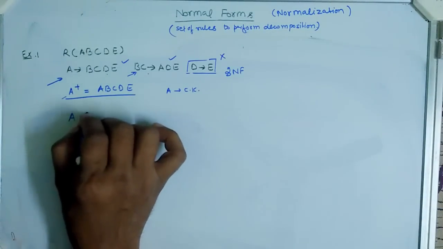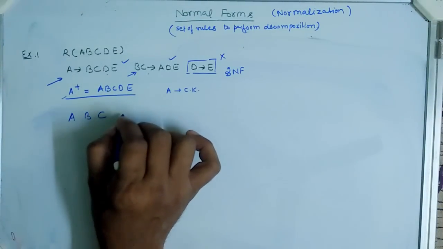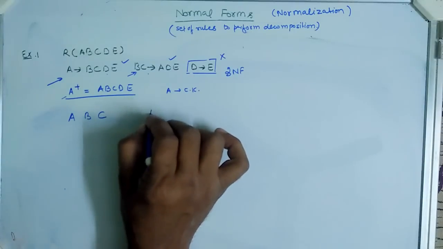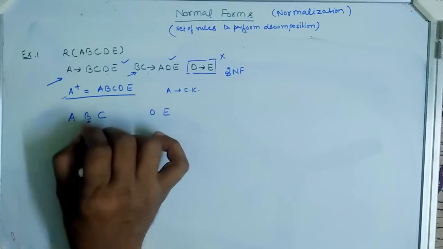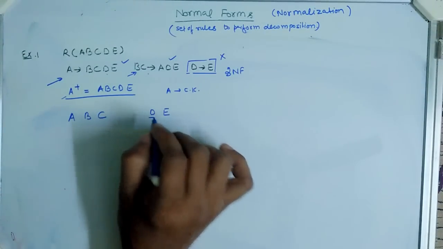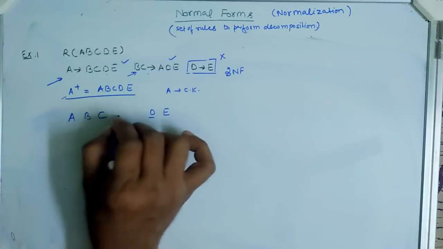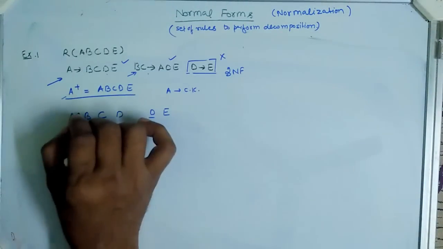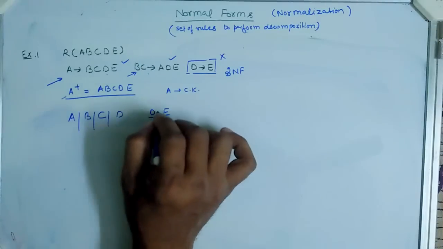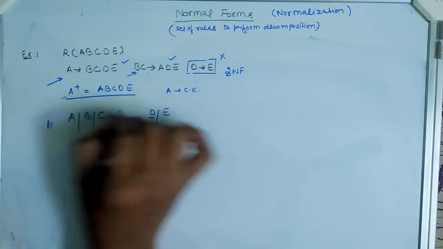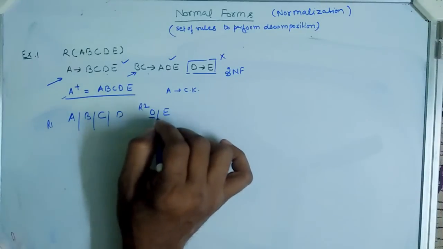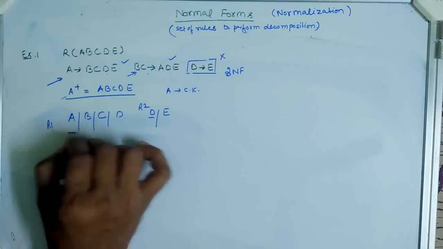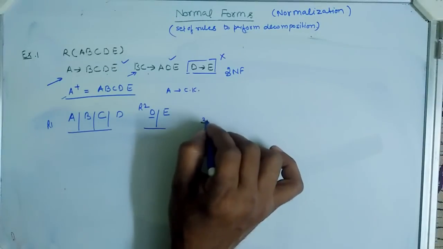One part contains A, B, C, and the other part contains D and E. Because you need one attribute here which is a candidate key of this relation, D is a candidate key, so I add D here. So the two relations are R1 and R2, where R1 contains A, B, C, D and R2 contains D and E. So these two relations are in 3NF now.